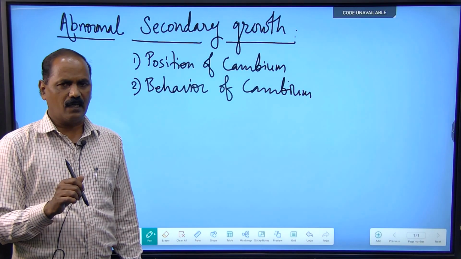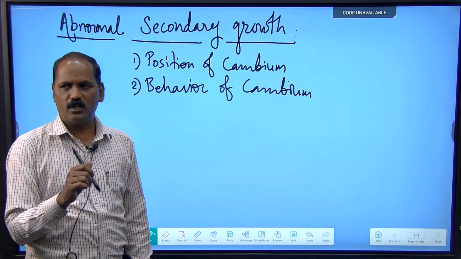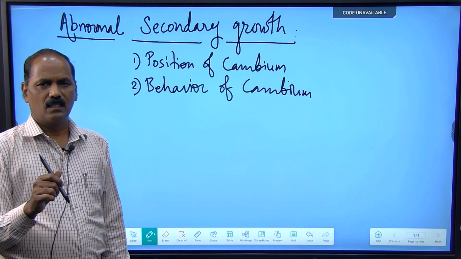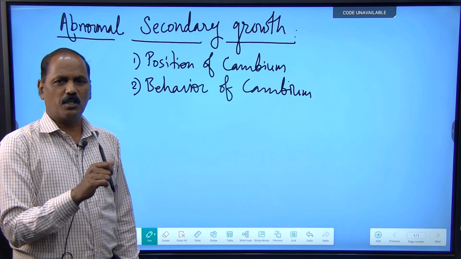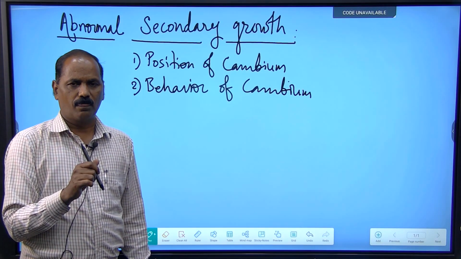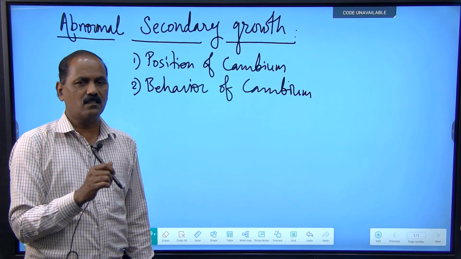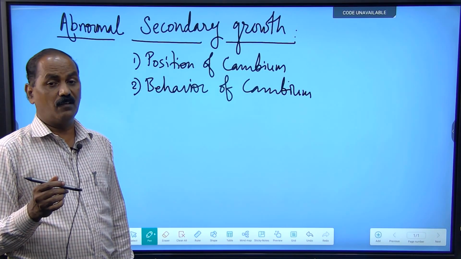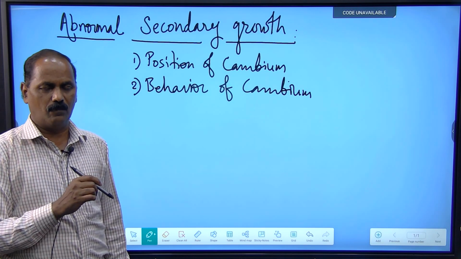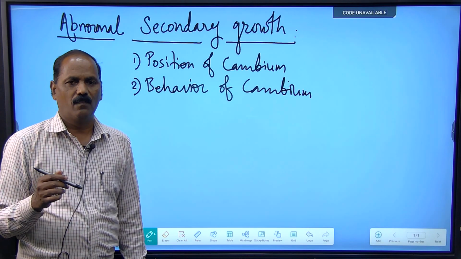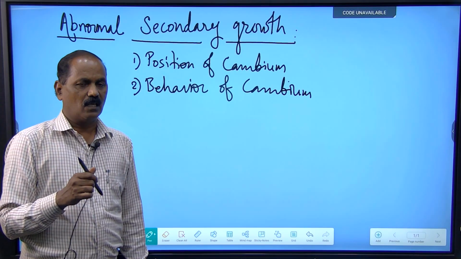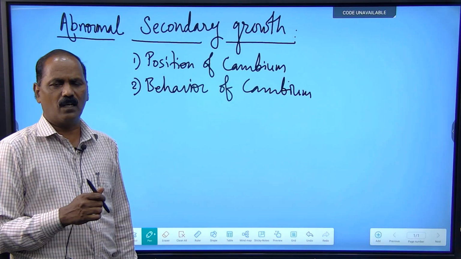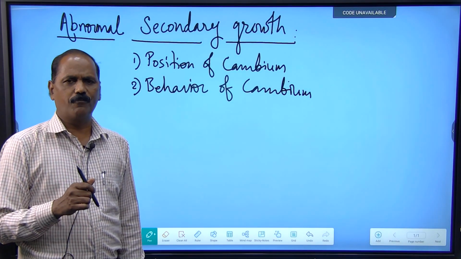Secondly, if the position is normal but the behavior is not normal, that is, if the cambium is in between xylem and phloem but produces lesser secondary xylem and more secondary phloem, that means something is wrong, and we call it abnormal behavior of cambium.